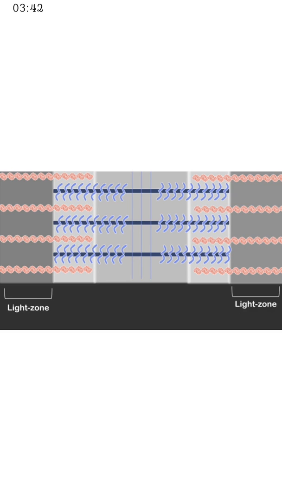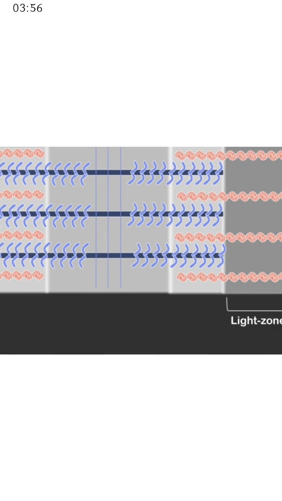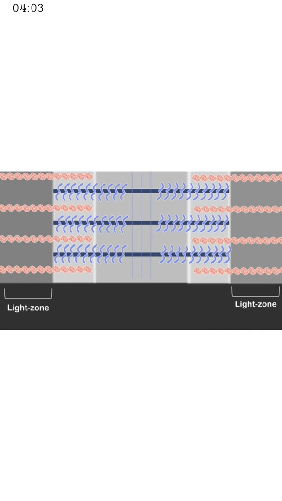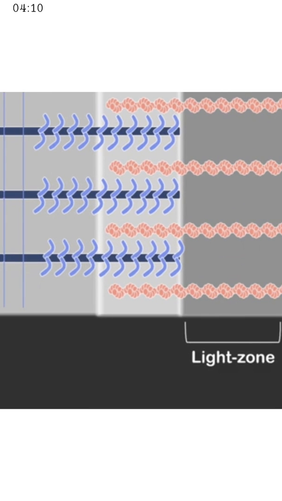When muscles contract, the dark band remains the same, and the light band, the I band, and the H zone become shorter. At the point of overlap, the myosin head gets attached to the actin filament to form a cross bridge.